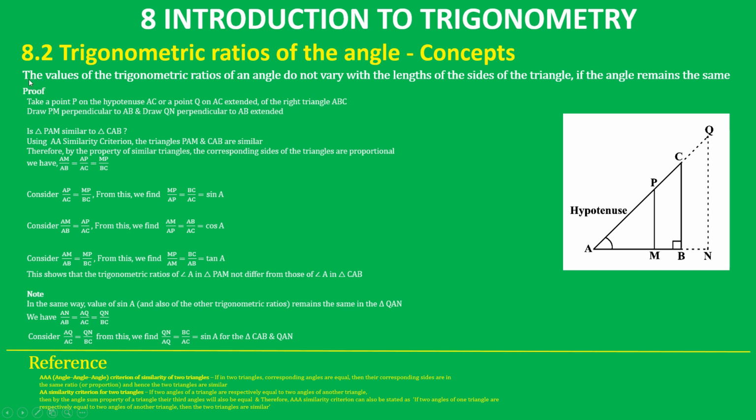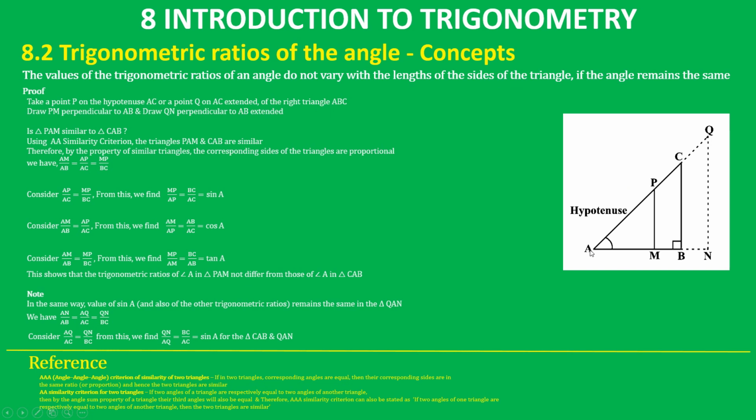The values of trigonometric ratios of an angle, let us say of this angle A, do not vary with the lengths of the sides of the triangle. It does not vary with the lengths of the triangle.